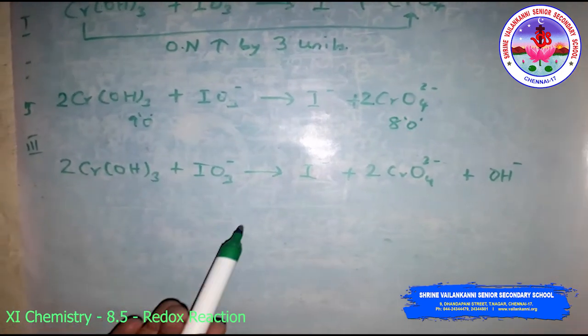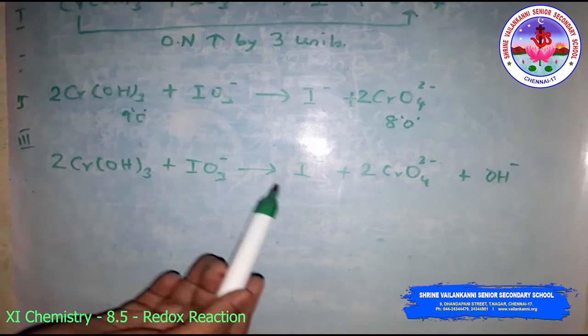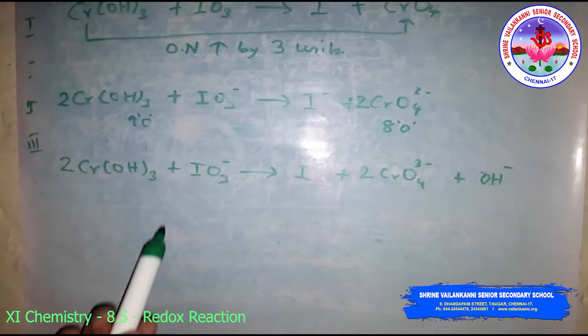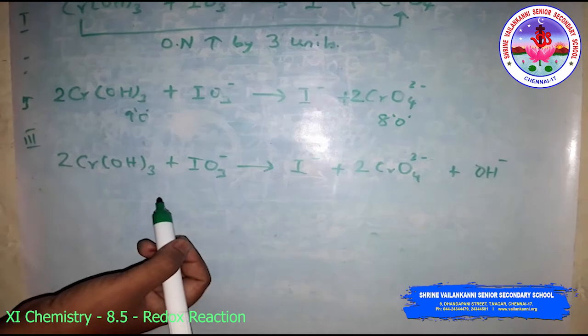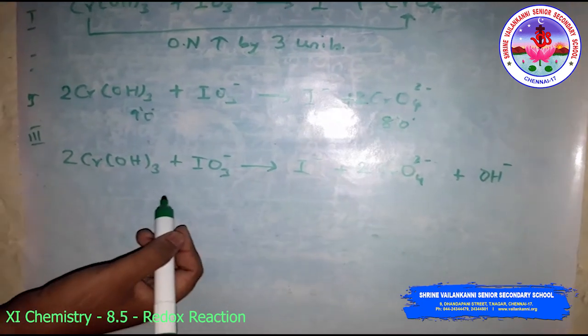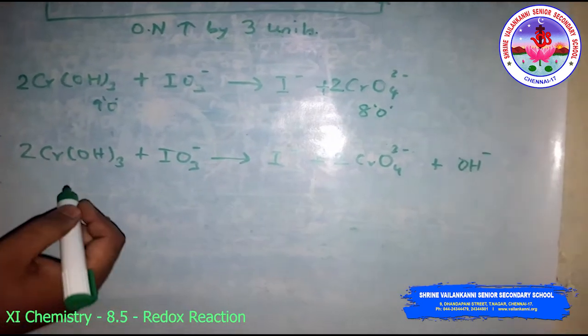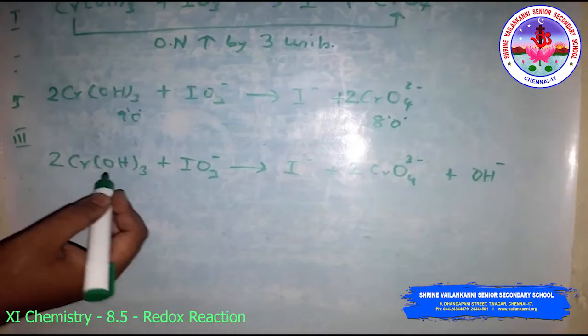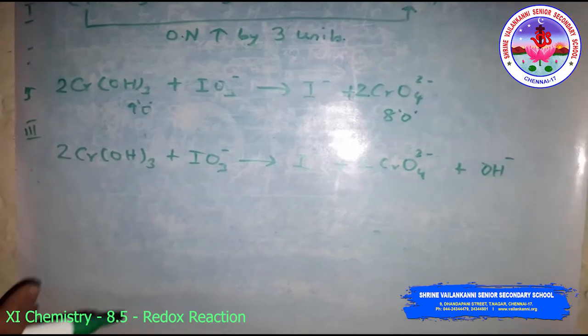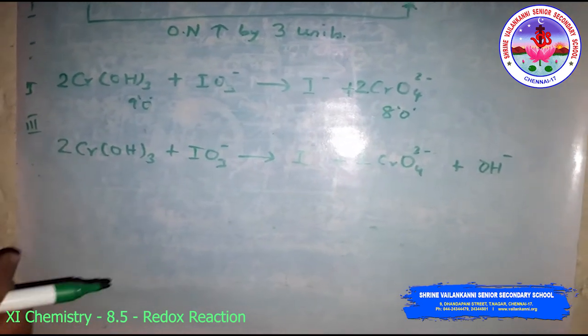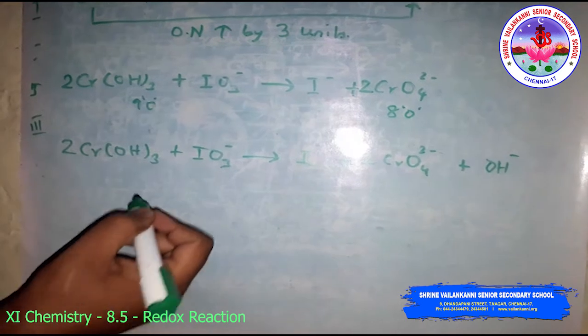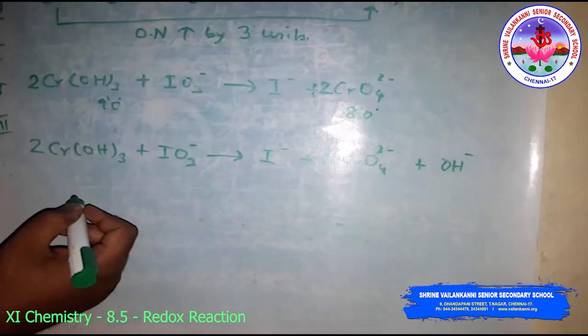Similarly, adding H2O to the right hand side is to balance the hydrogen. So for the deficient side you have to add OH⁻. Every water molecule contains H⁺ and OH⁻. So here 5 OH⁻ are on the left hand side.